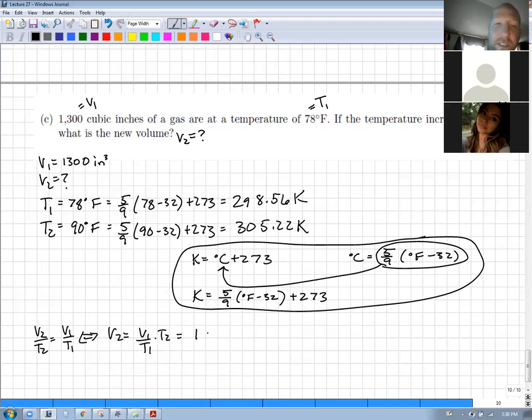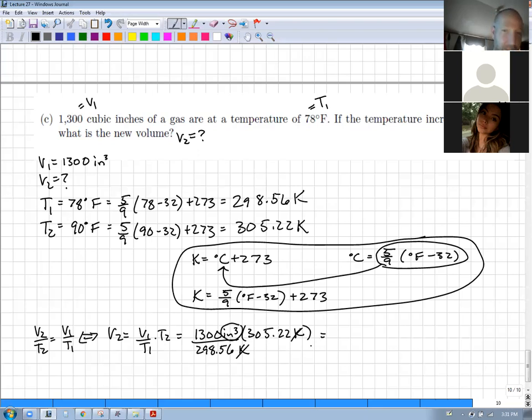V1 is 1300 inches cubed. T1 is 298.56 Kelvin, and then T2 is 305.22 Kelvin. Kelvins go away. We're left with inches cubed.